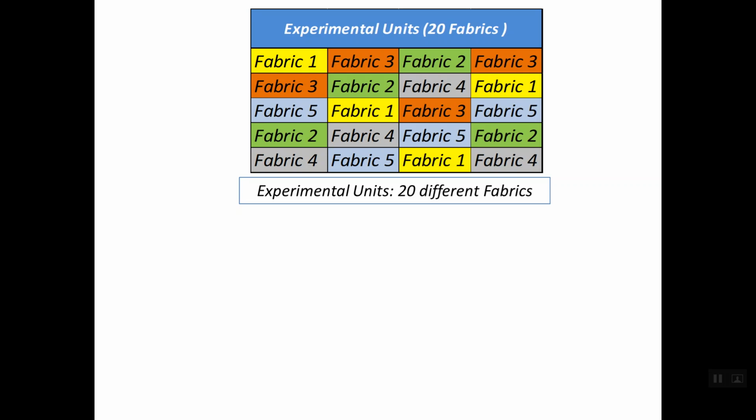And for each fabric, we have number of units equal to 4. So these are the experimental units, or sometimes they are called the subjects, which is simply 20 different fabrics.